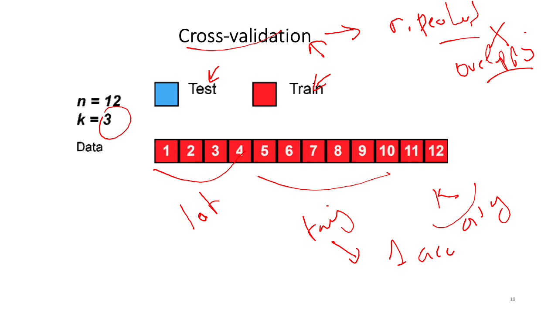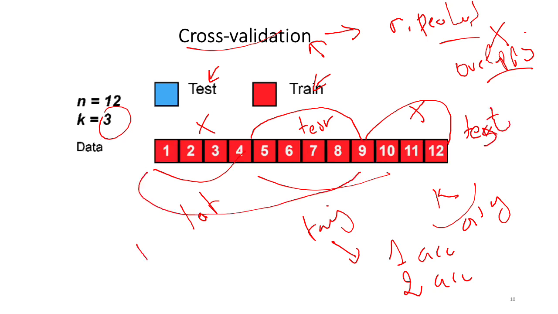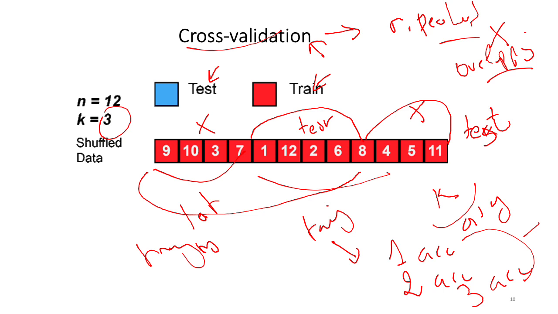In the second fold we use just this for testing, and this and this for training. Then you get the second accuracy. On the third fold we use these instances for testing and the rest for training. This gives you a third accuracy estimate, and then you average that out. So this is what cross-validation is.